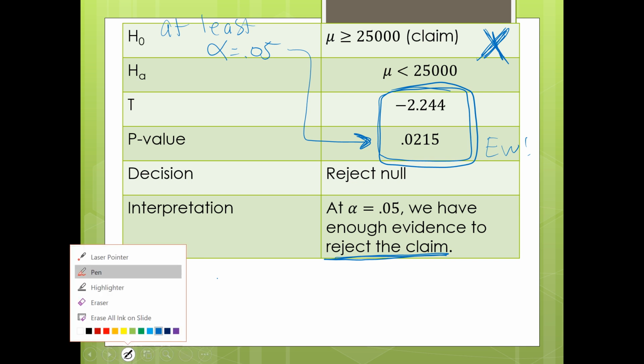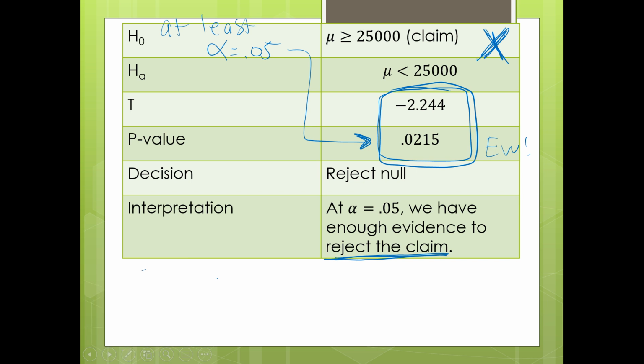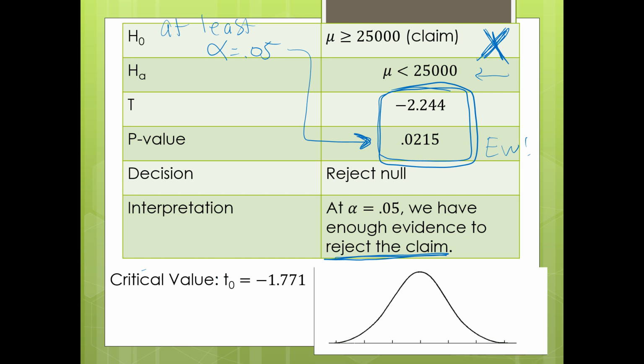I can't write here. You end up with a critical value of negative 1.771. Remember, when you're doing a left-tailed test, like you are here, because of the less than in the alternate, that gives us a left-tailed, so it's always negative. Now, if we think about that on our picture, negative 1.77 would be about here.